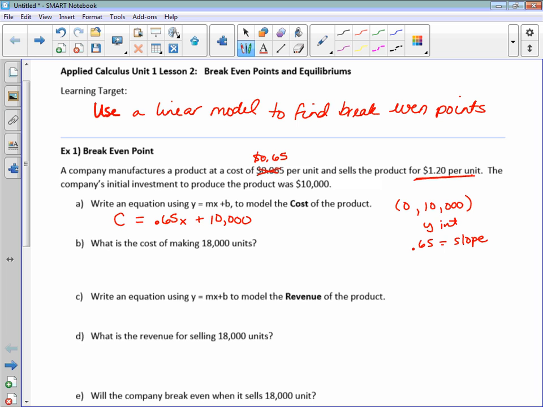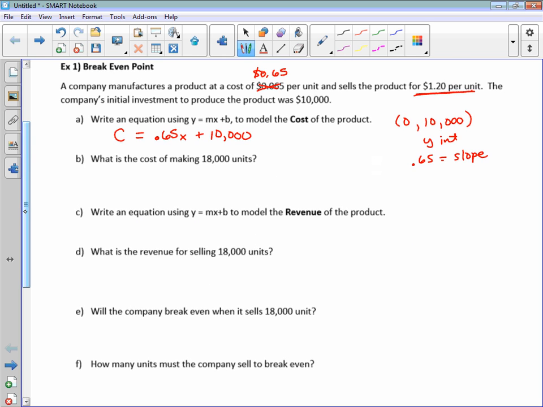Make sense? Okay. So then part B, I'm asking you what's the cost of making 18,000 of these. So what do we do? Okay, I'm asking what is the cost? So we're going to solve for C. Where do I plug in the 18,000? Yep, so 0.65 times 18,000 plus 10,000.